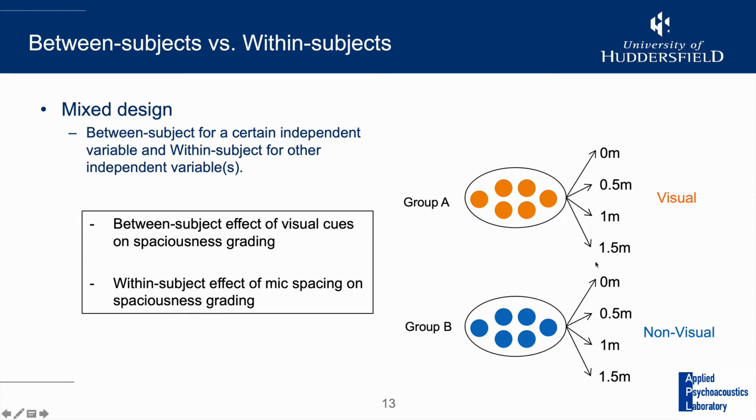But we keep the within subject design for testing the microphone conditions because there are many conditions to test and it may be more efficient to test all these conditions within subject. And we can randomize the order of the stimuli in this case.